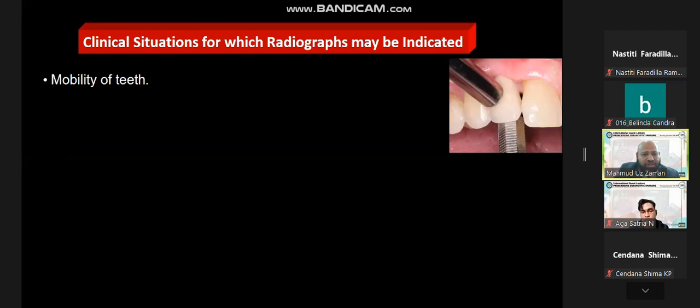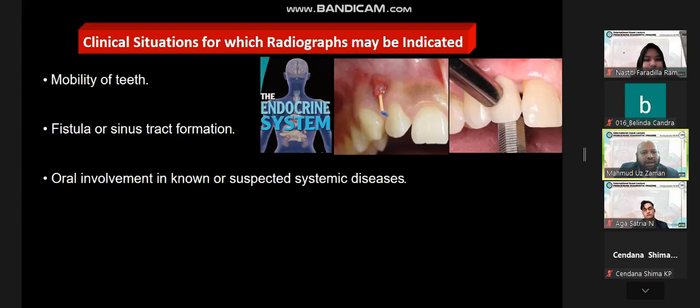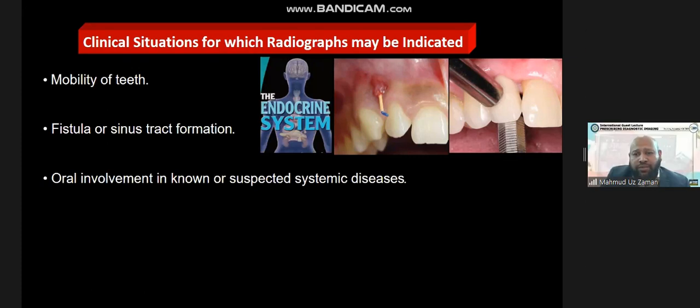Sometimes there is a mobility of the teeth. There is a sinus from the periapical lesion, and suspected systemic disease, the clinical history of the patient, clinical examination. It depends upon your clinical examination and your questioning.